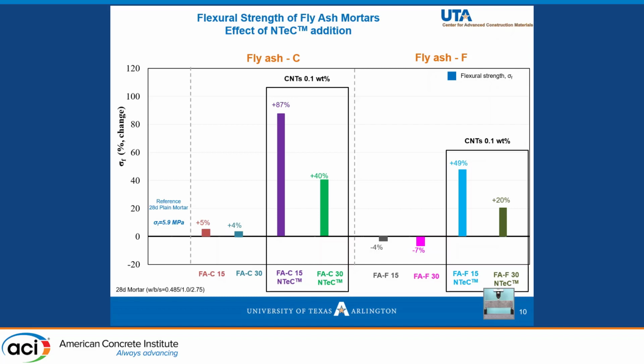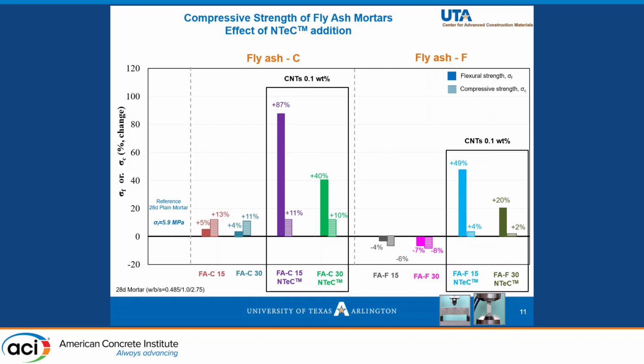Here, it is really important to notice that before the addition of CNTs, we have values that are slightly lower than that of plain mortars. Though with the addition of CNTs, a really high increase in flexural strength can be observed.